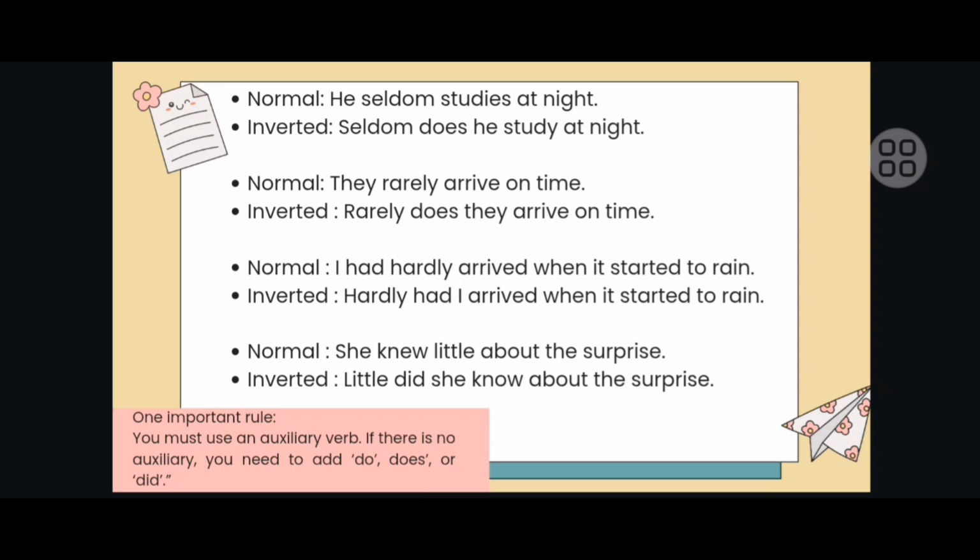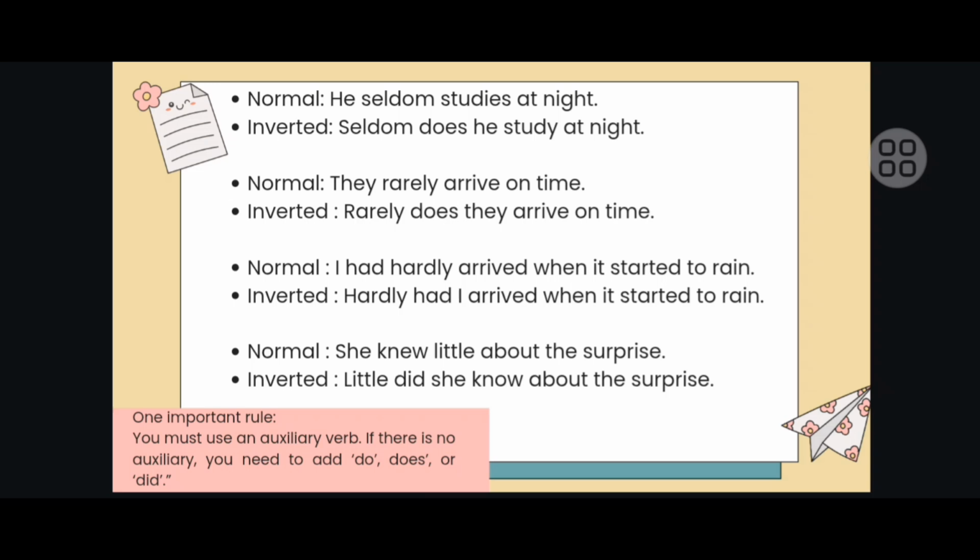Remember this: if you use do, does, or did, make sure the main verb changes back to its base form. For example, he seldom studies at night becomes seldom does he study at night. Studies becomes study, although the subject is he.